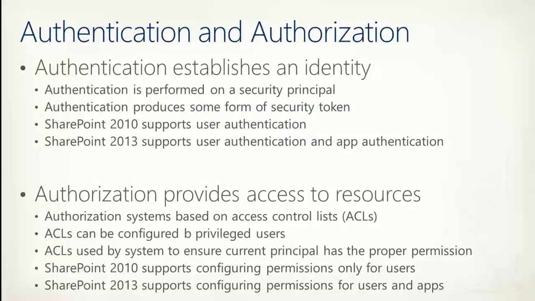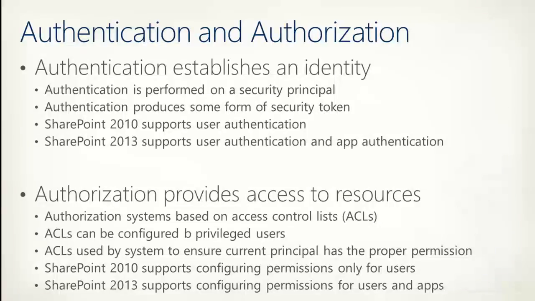So let's remember, within 15 seconds, what authentication and authorization are. Authentication is a process that the system uses to establish an identity. It's typically performed on a security principal, like an Active Directory user. Authentication always has some form of receipt, some type of security token, maybe a Windows security token, maybe an FBA security token.